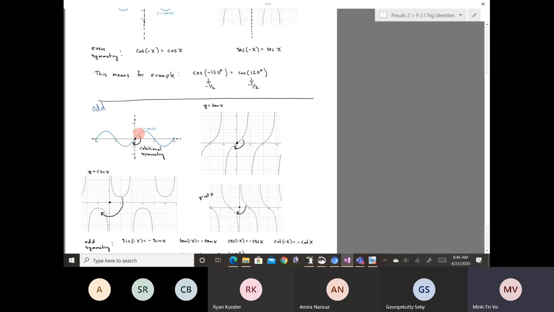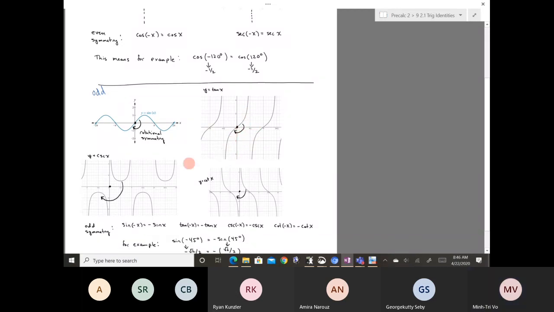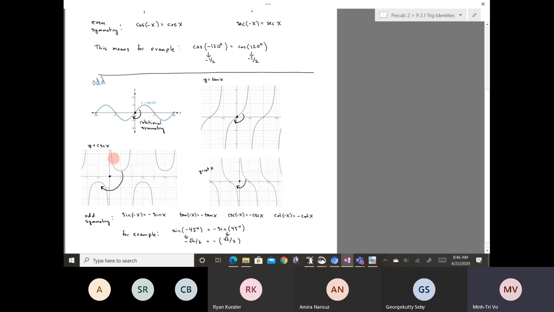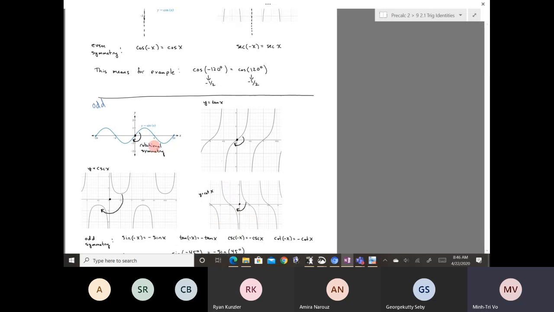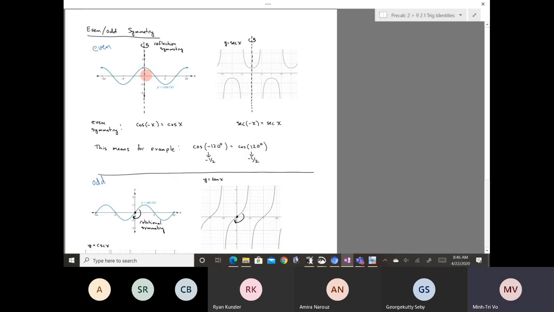So odd symmetry is rotational symmetry around the origin. You can see it for the other functions too. For tangent, if I take this piece and rotate it around the origin, it turns into this piece. Similarly for cosecant, if you take this piece and rotate it around, it turns upside down to this piece. And here, if you take this piece and rotate it around, it looks like this piece. So this kind of rotational symmetry is odd, and this kind of mirror symmetry is even.